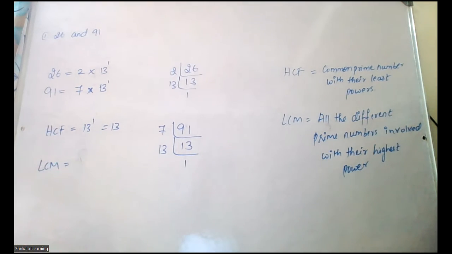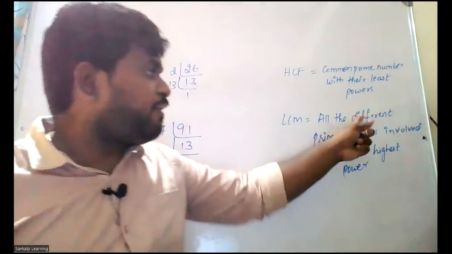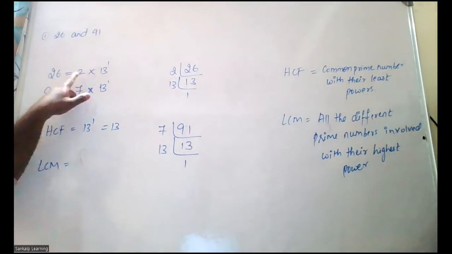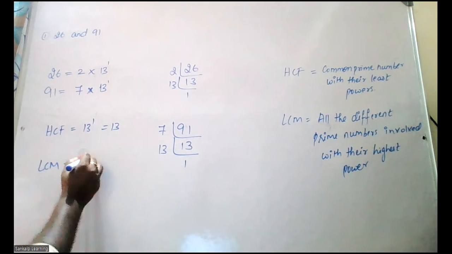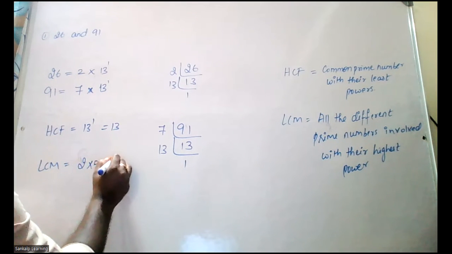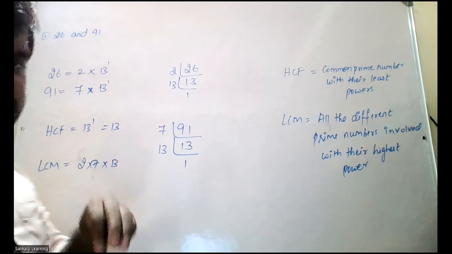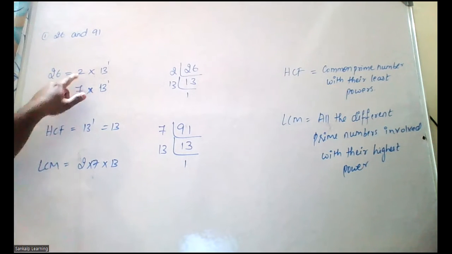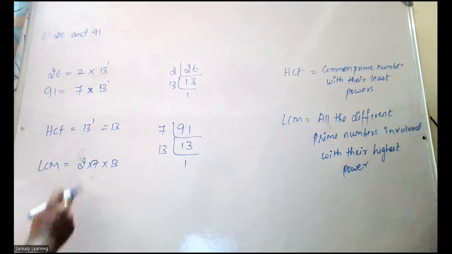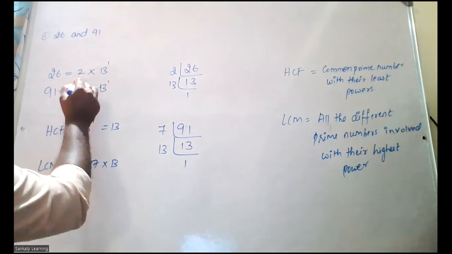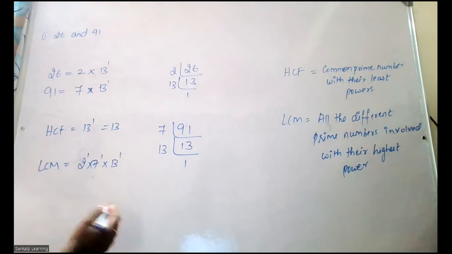Now, what is LCM? We have to take all the different prime numbers involved. So here, which are the different prime numbers? 2, 7, and 13. Three different prime numbers. You have to take the highest powers. So 2 power is 1 itself, 7 highest power is 1 itself, 13 highest power is 1 itself.